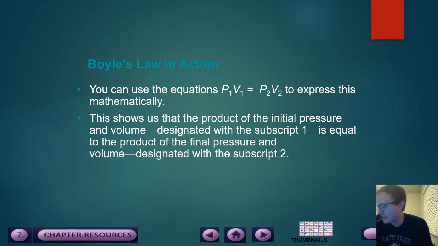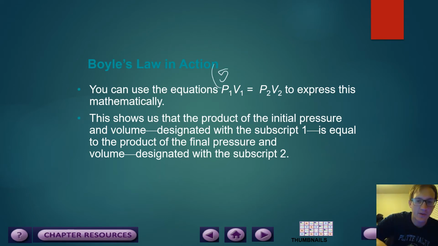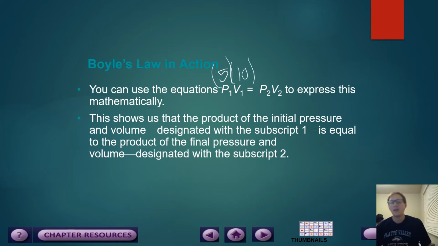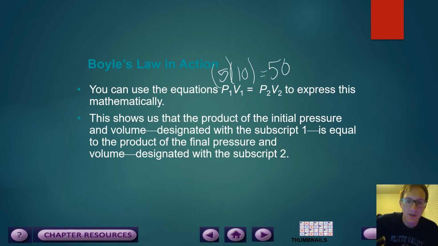Okay, so let me just write that out real quick, just so that you can get an idea of what I was talking about. If I start out with, let's say, an initial pressure of 5 and a volume of 10, that equals 50. Let's say I increase the pressure to 25.